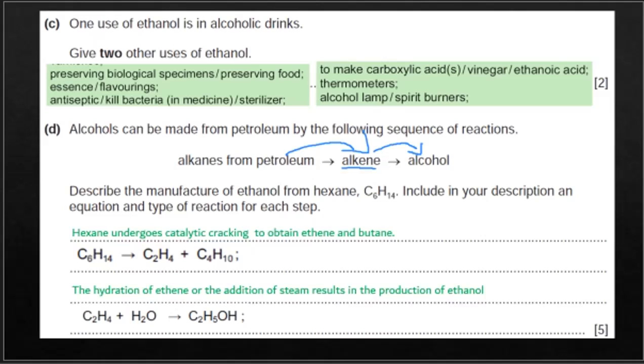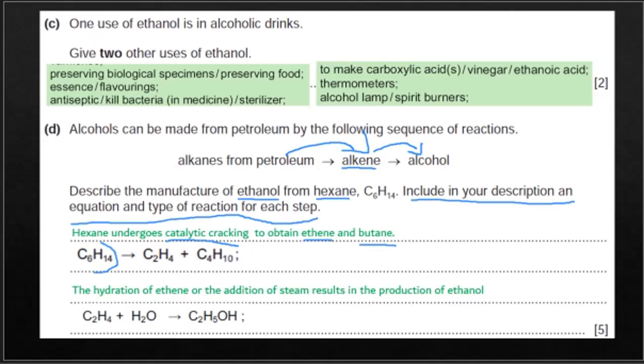They ask you to describe the manufacture of ethanol from hexane. Include in your description an equation and the type of reaction for each of the steps. So hexane undergoes catalytic cracking to obtain ethene and butane.